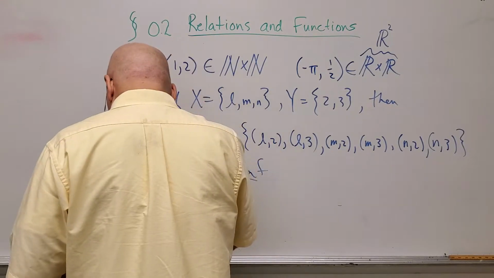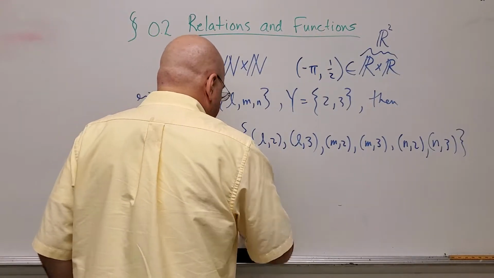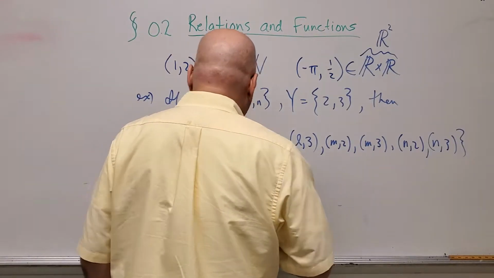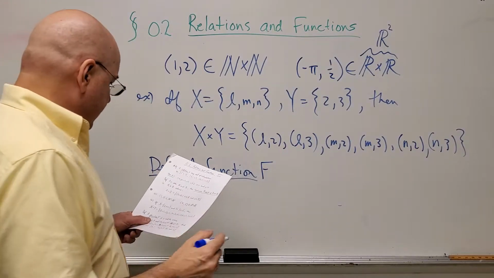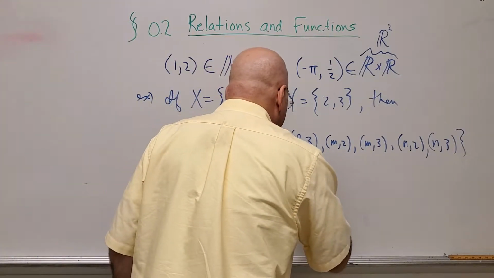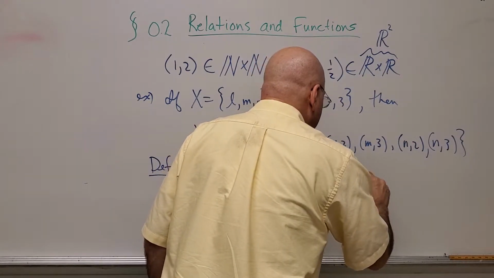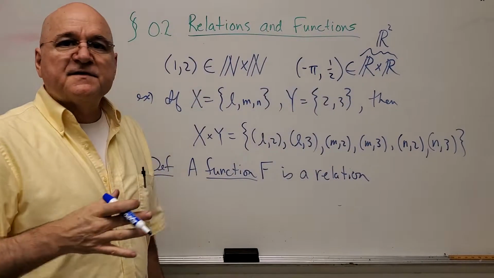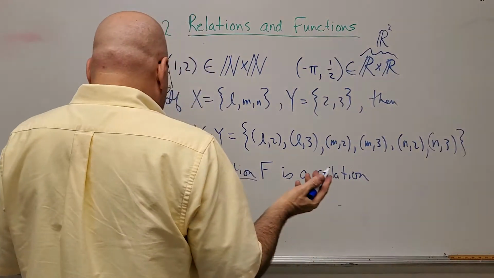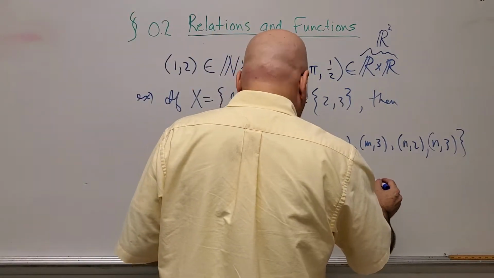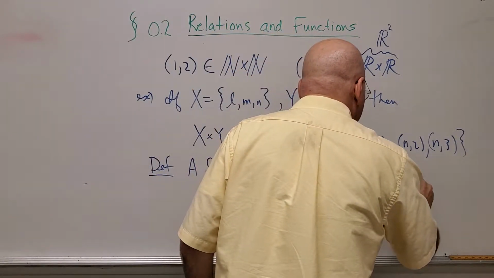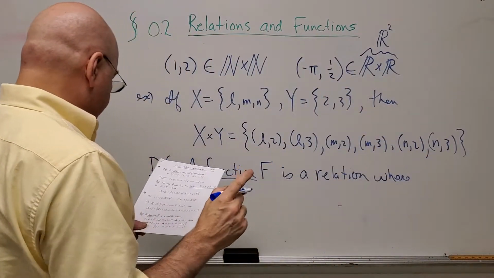And I think for this, I'm going to use a capital F. I usually use lowercase letters, but a function F is a relation with a certain condition, where the following hold true.